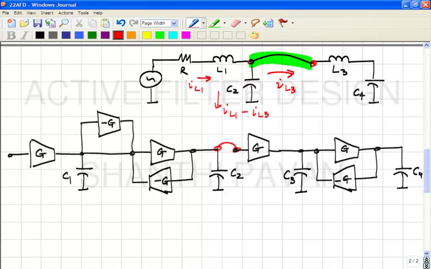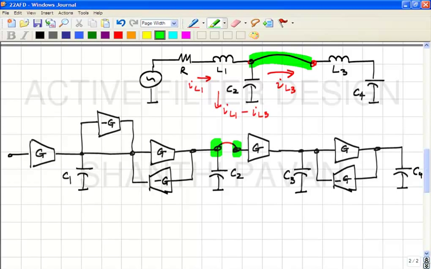Correct? So this wire is doing two things. One, it is making the input of the second section equal to the output of the first section. And it is removing some current from C2. In other words, it is removing IL3 from C2. Now, in the active prototype, the output of the first section being equal to the input of the second section can be very easily enforced by again connecting a wire between the output of the first section, namely C2, and the input of the second section, namely the input of that transconductor.